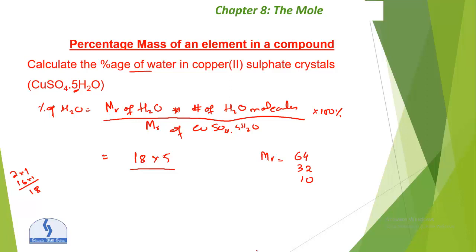How many atoms of oxygen? 4 plus 5, that is 9 atoms of oxygen.